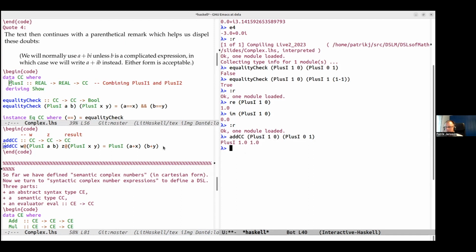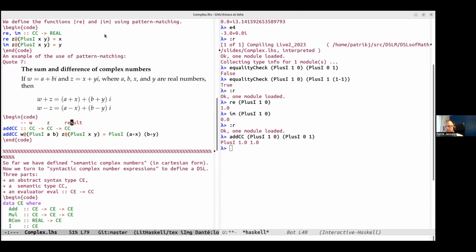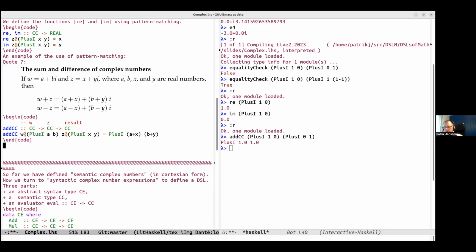Okay, not very surprising. I should remove this one. We have step by step now built up a few example functions and data types that represent what's actually the semantics. So we can say down here, we define semantic complex numbers in Cartesian form.